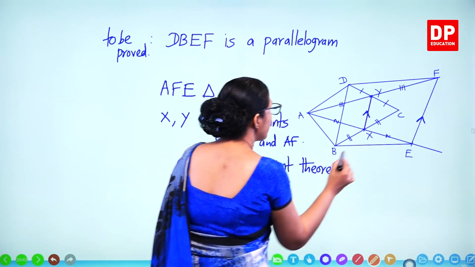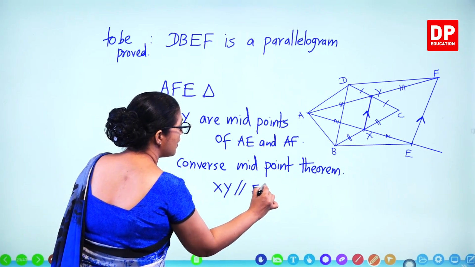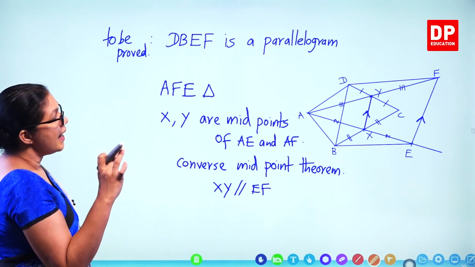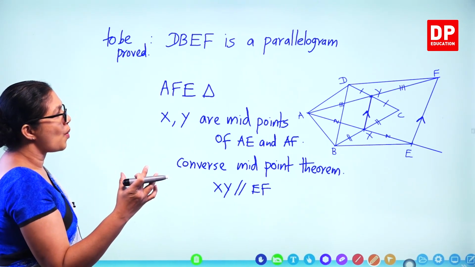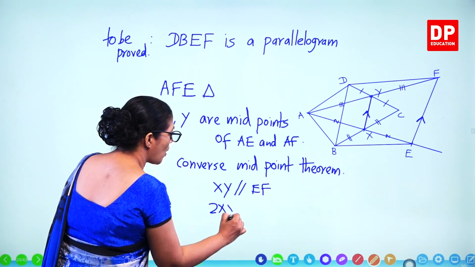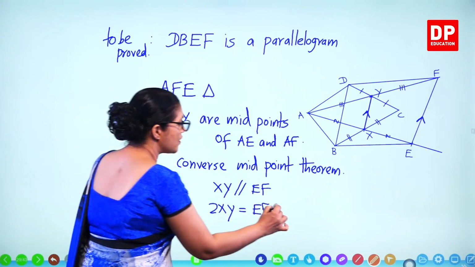You can say XY is parallel to EF. And what about the length? We can say double of XY is EF. Double of XY is equal to EF. That's your first equation.